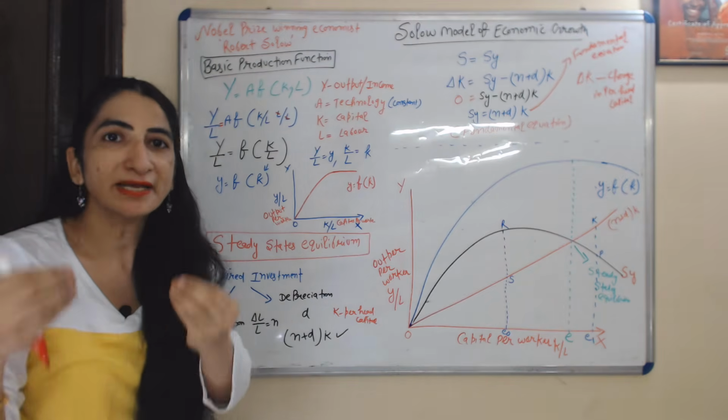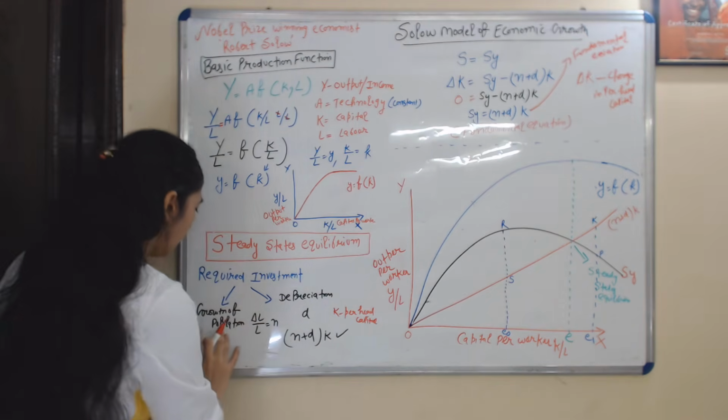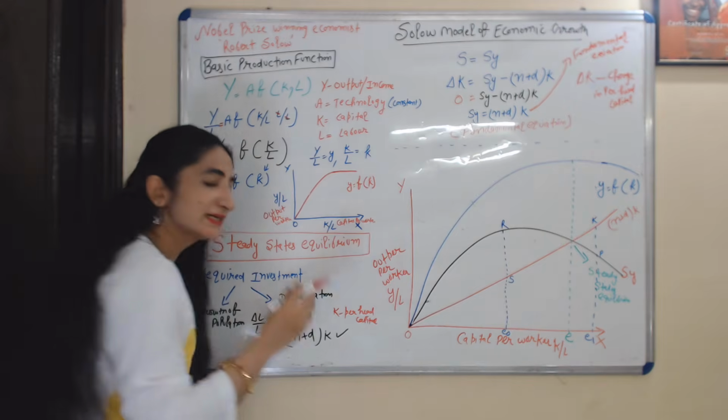Required investment basically depends on two factors: growth of population and depreciation.